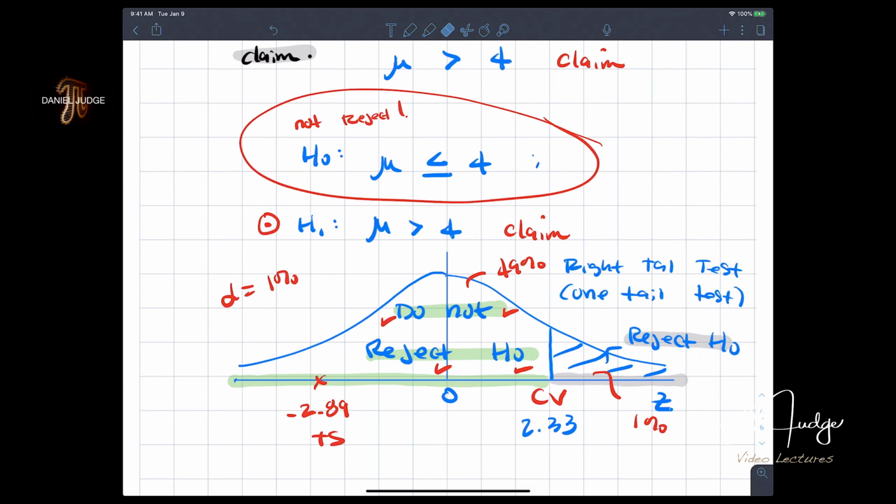What's your formal conclusion? Because on a test, I'm going to ask you these kinds of things, right? Let me be specific here.